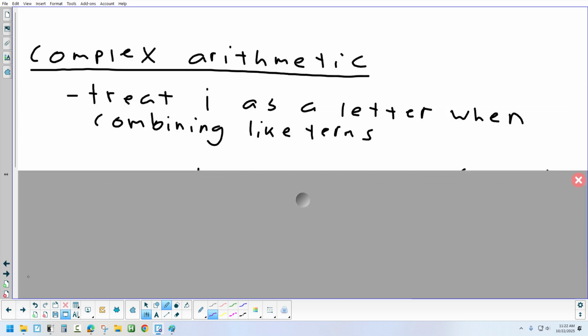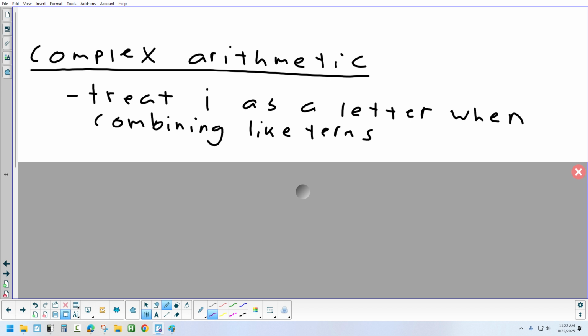Okay, so first thing to understand in this lesson is i is not a variable. I know a lot of times we use letters to represent variables, but in this section, i represents the square root of -1. That is a number. Just like in math, that is a number, pi.